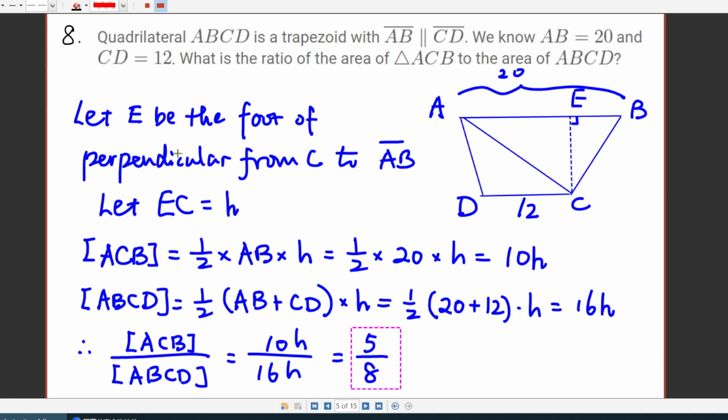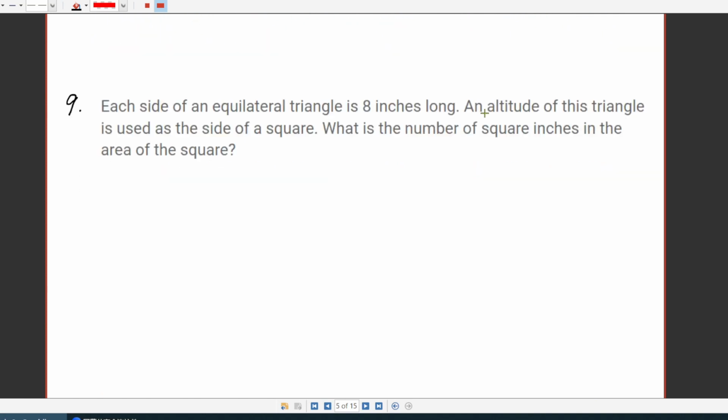And have a look at the solution here, and you can compare yours with mine, and let me know if you have any questions, okay? Okay, if no questions, let's have a look at the next one.